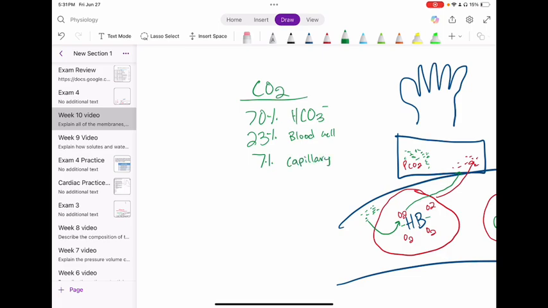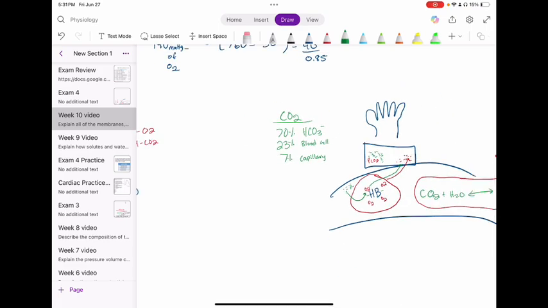Mixed up for a second. And then as oxygen, O2, we only have 2% that is in the capillary, 2% in the capillary, and 98% in the blood cell.